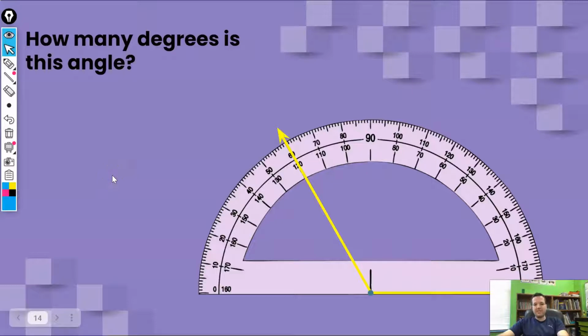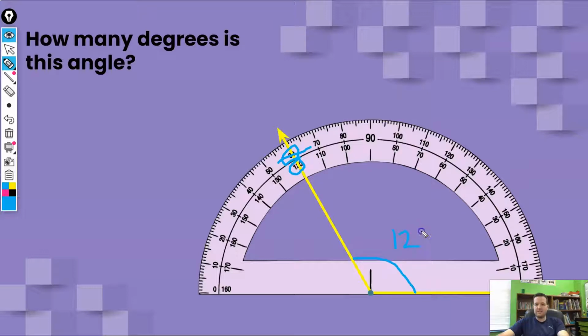How many degrees is this angle? Now, being that it's obtuse, it's either going to go through the 60 or the 120 degree mark. Well, obviously it can't be 60 degrees because that would be acute. The only measurement left, therefore, is 120 degrees.